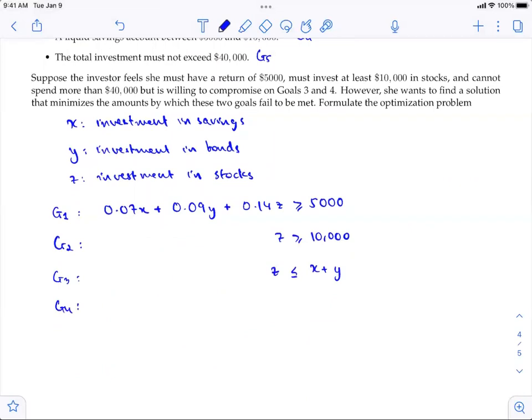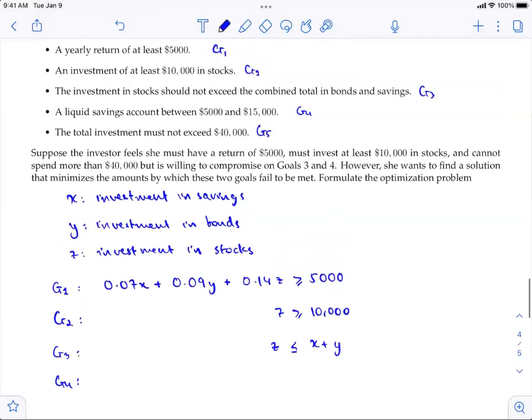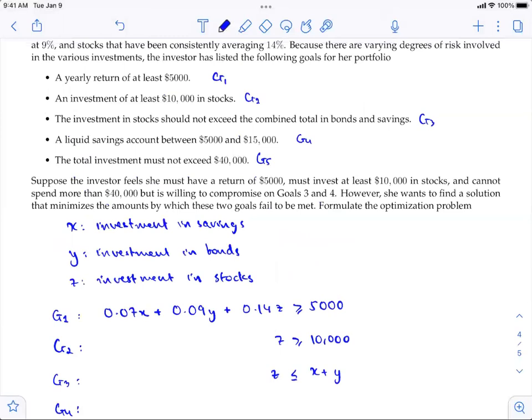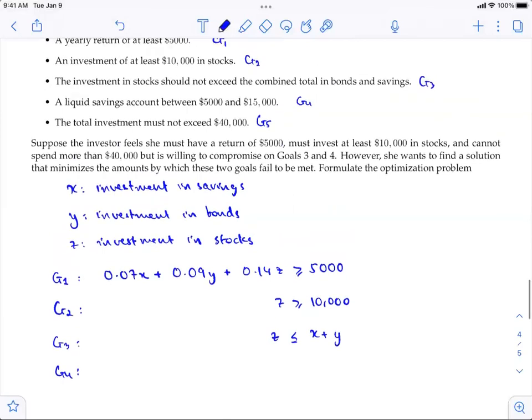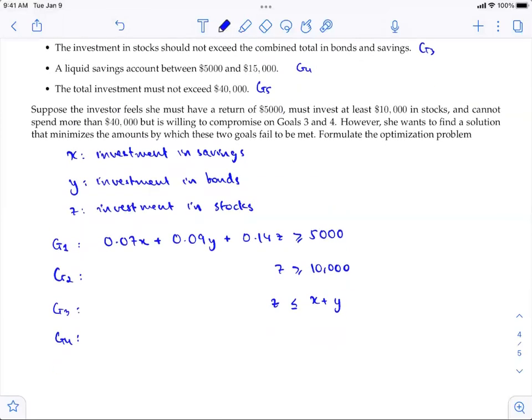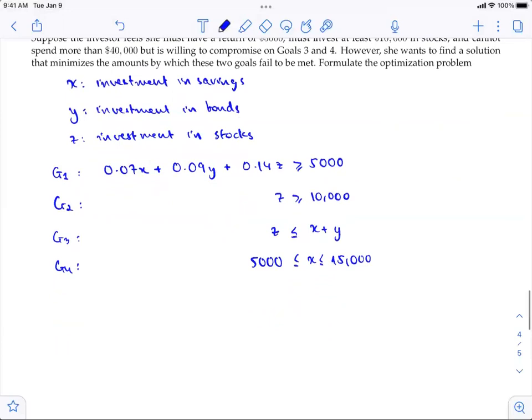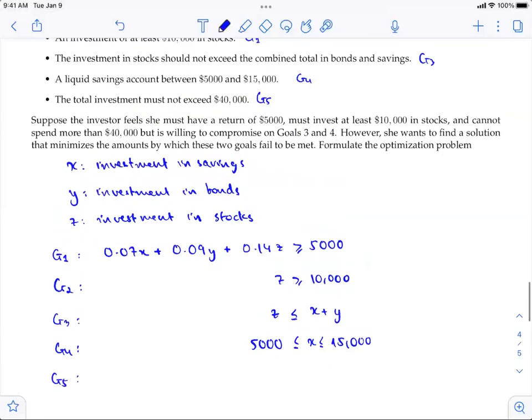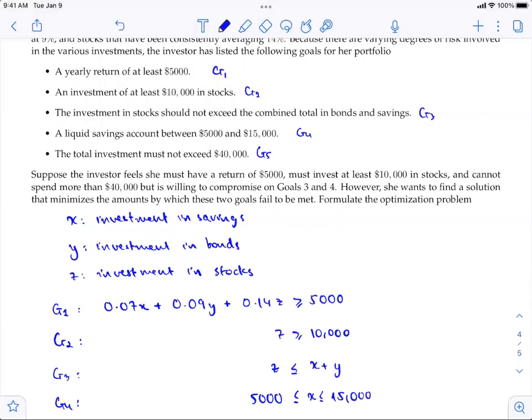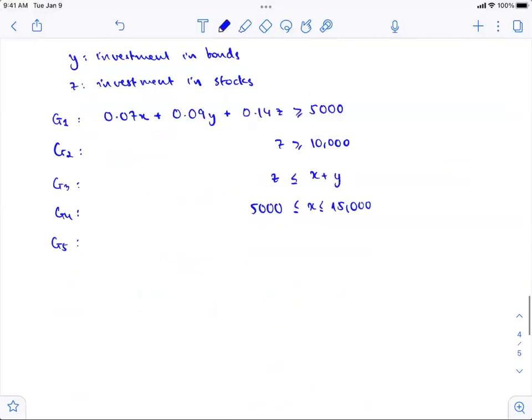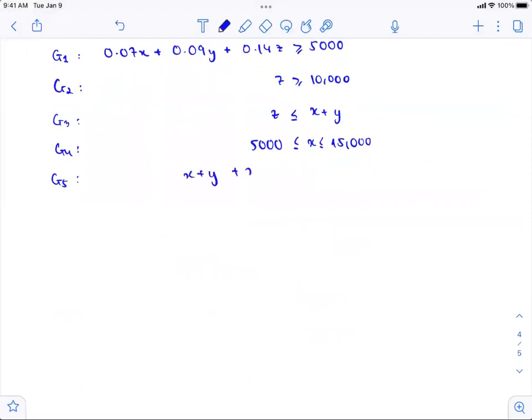The fourth goal is that the liquid saving account is between $5,000 and $15,000. So this is saving. So X has to be between 5,000 and 15,000. So 5,000 less than or equal to X, and X is less than or equal to 15,000. And the last goal, goal 5, is that the total investment must not exceed $40,000. So X plus Y plus Z has to be less than or equal to $40,000.